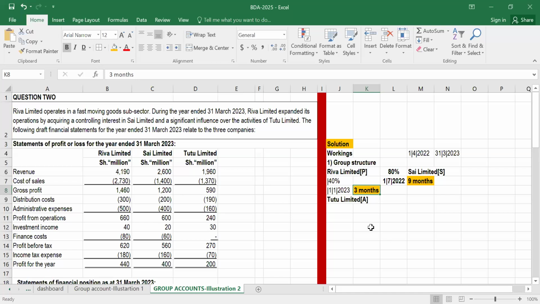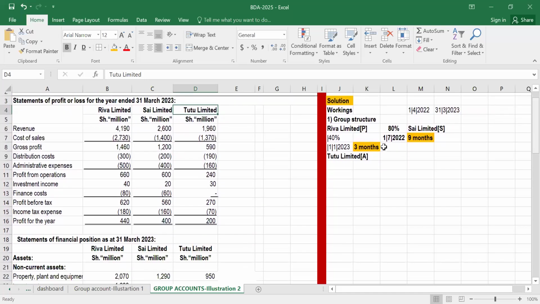What we only include in the consolidated income statement as far as the associate, as far as the joint arrangement is concerned, is the parent company share of the associate or joint venture profit after tax. So what we will do, we will take the profit after tax of this company basically for 3 months, and then we get the parent company share of that. That is the only item you're going to include in our consolidated income statement.